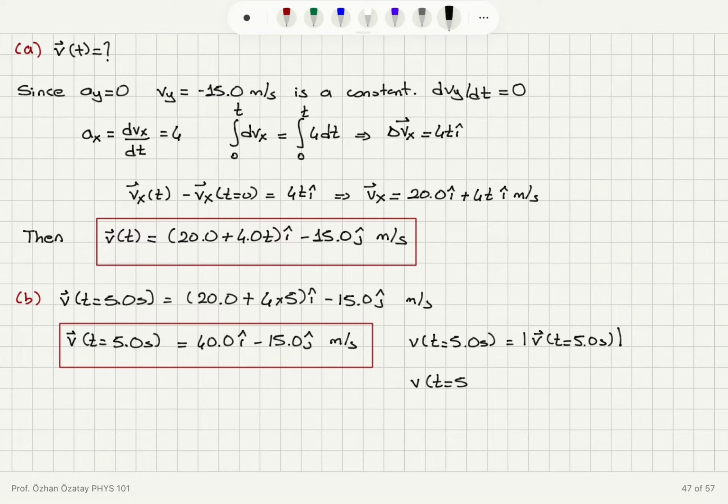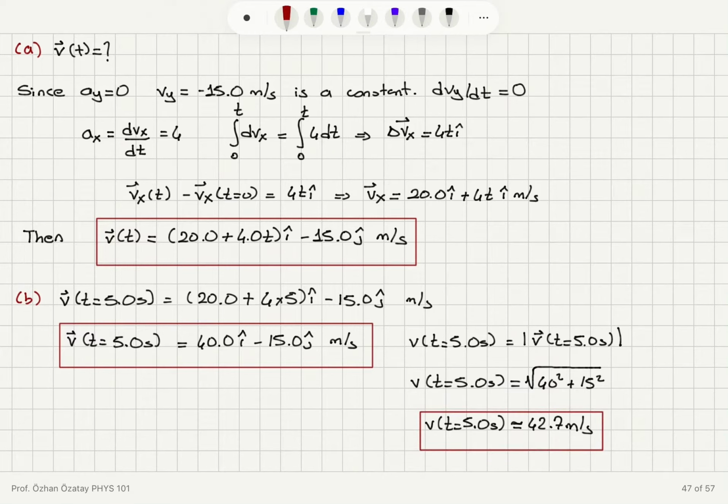It's the square root of 40 squared plus 15 squared. So I find that the magnitude at t equals 5.0 seconds is about 42.7 meters per second. So this is the speed of the particle at that time.